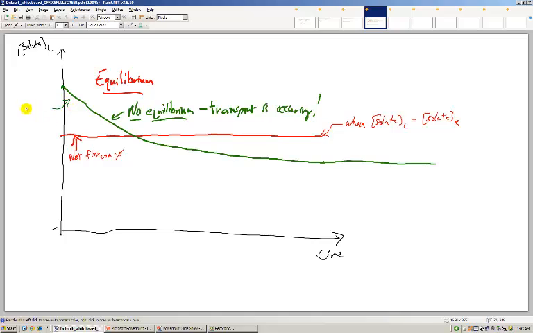Here we said net flux left to right is greater than 0. And we're going to want to get quantitative about this. We're going to want to be able to say, how do we predict what the net flux actually is?